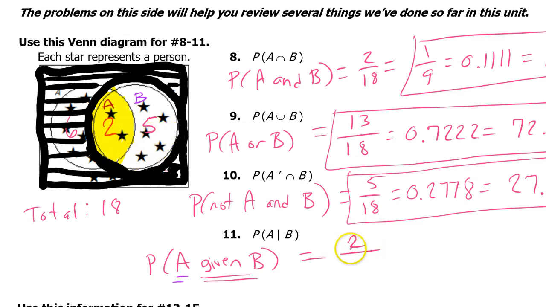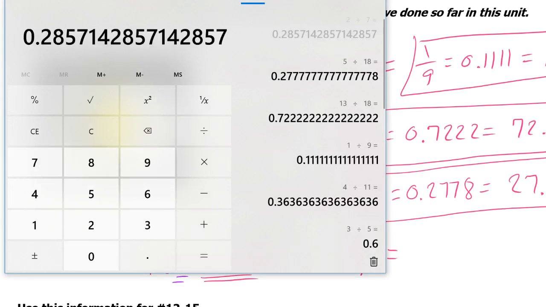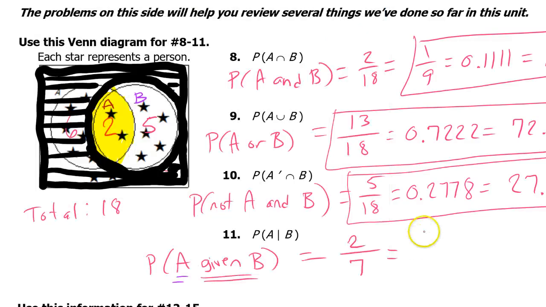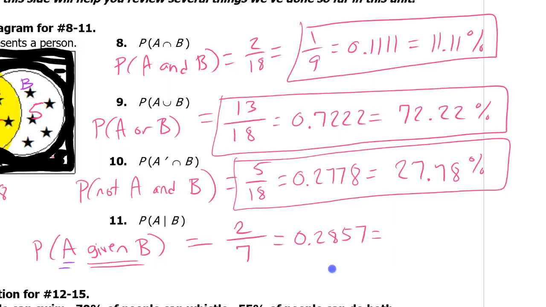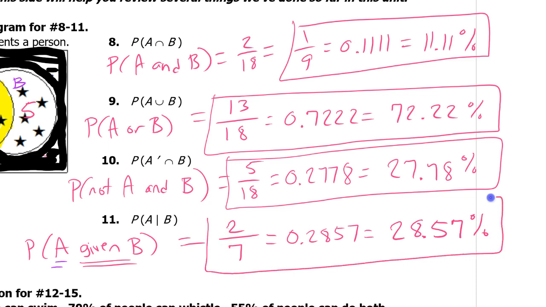So target over total is now 2 out of 7. 2 divided by 7 is 0.2857, which as a percent would be 28.57%. So those are the 3 ways of writing that probability.